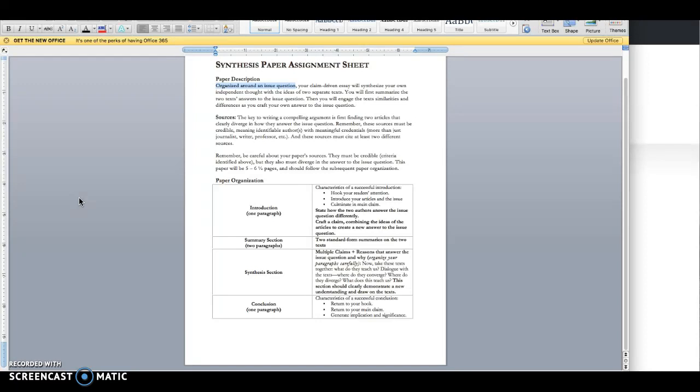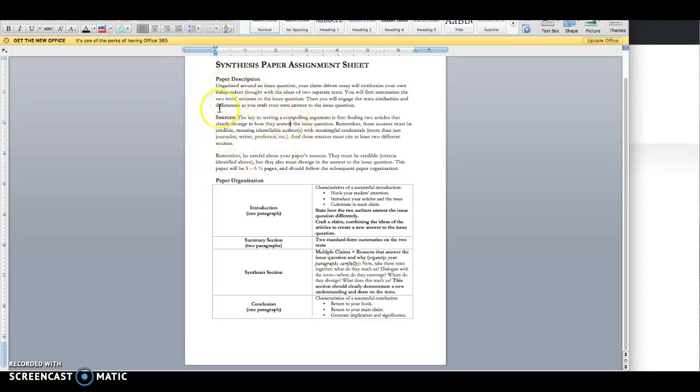So they answer in two separate ways. And then what you'll do is you'll first summarize the way the two texts answer the issue question, and then you'll compare and contrast them and come to your own decision about what the benefits of homeschooling are over traditional schooling, or something similar to that.